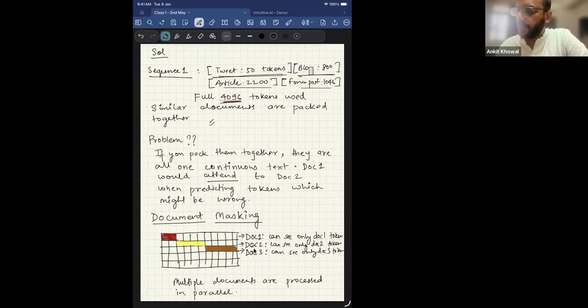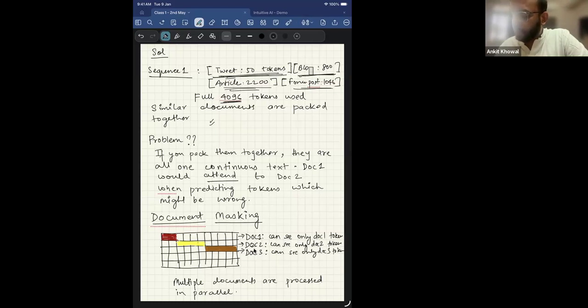Now the problem is, if you have clubbed all these documents together, and the model is trying to understand the meaning so that it can come to a context of what's going on, it will look into all of this, which can be unrelated. My tweet was unrelated, my blog was unrelated, my article was unrelated. So it should not look around this to understand the meaning of the sentence. That is where document masking comes in.